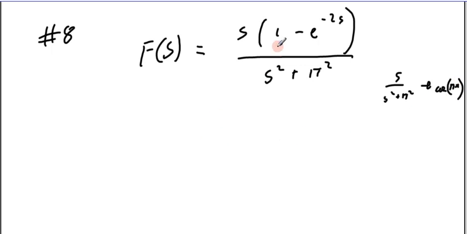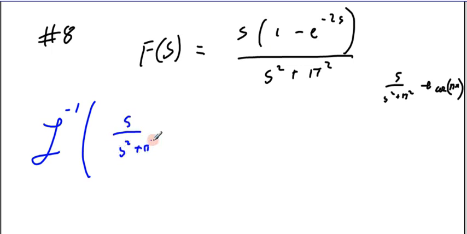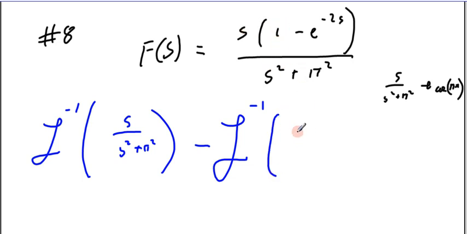And so I've got the inverse Laplace transform of s over s squared plus pi squared minus the inverse Laplace transform. So that's the first guy, 1 times that. Inverse Laplace transform of s e to the minus 2s over s squared plus pi squared.